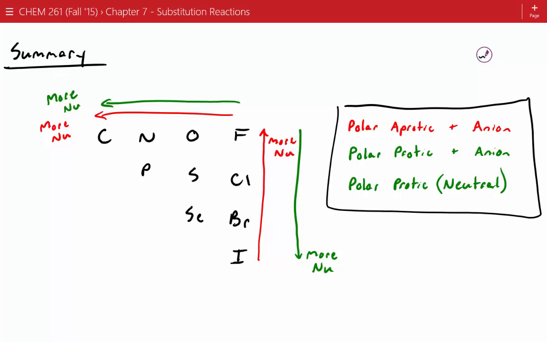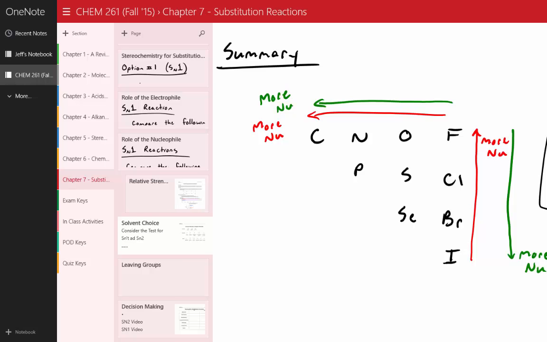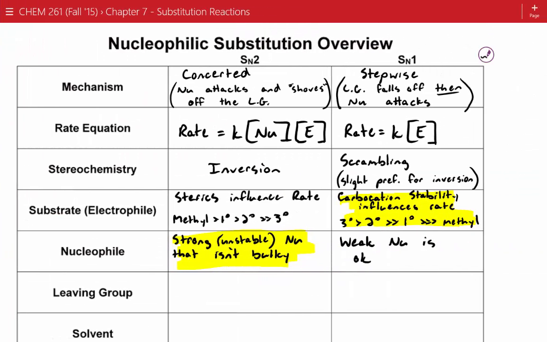All right, so now let's go back to our summary sheet. And we're going to tackle our solvent right now. So SN2, what sort of solvent do we prefer for an SN2 reaction? Do we want polar protic, polar aprotic, non-polar aprotic?